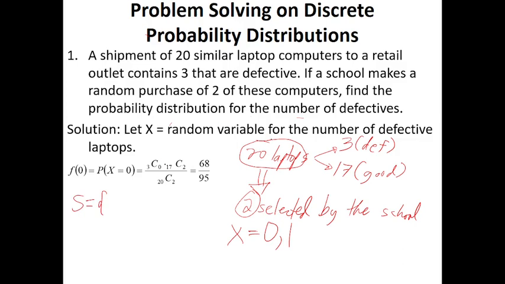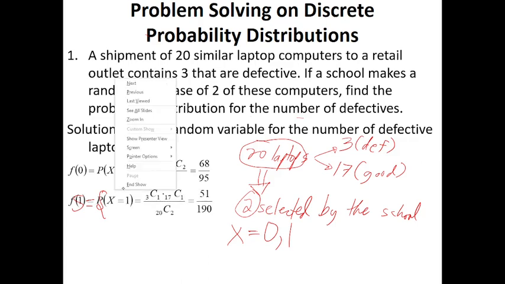So pwedeng good, then good, defective, or defective. Or pwede rin, should I say good? Okay, sorry.